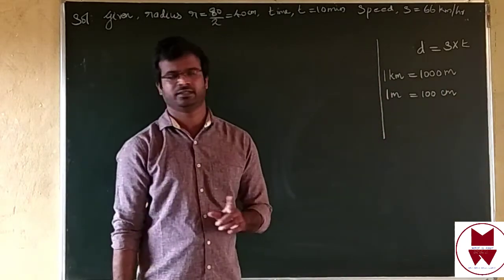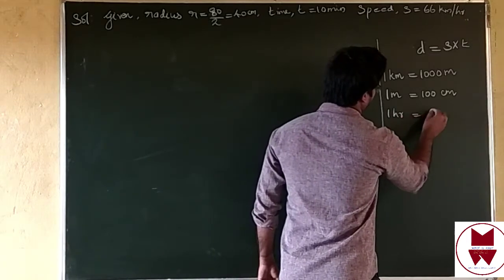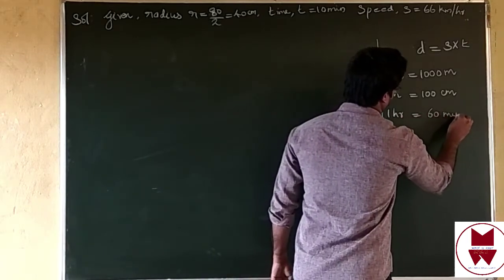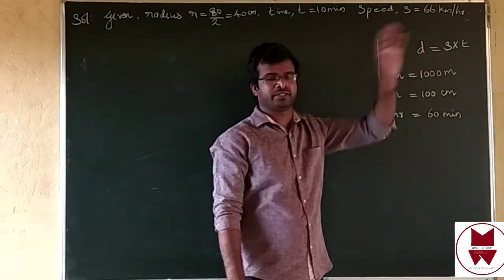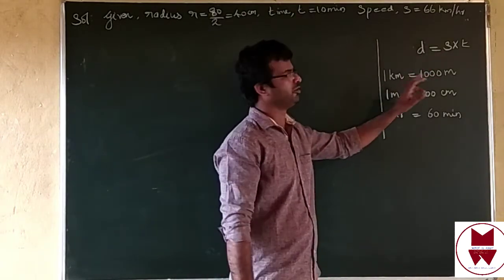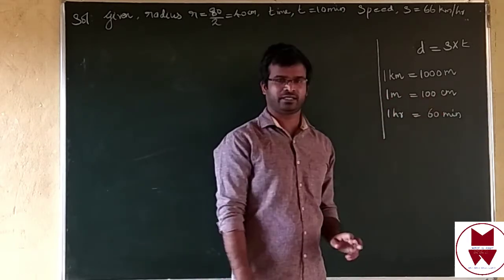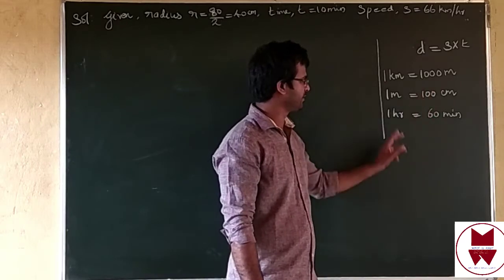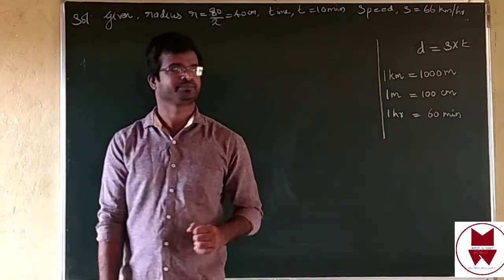Then 1 hour means 60 minutes. First, distance means speed into time. Second, 1 kilometer means 1000 meter. Next, 1 meter means 100 centimeter. 1 hour means 60 minutes. These are all the things we will use in this question.